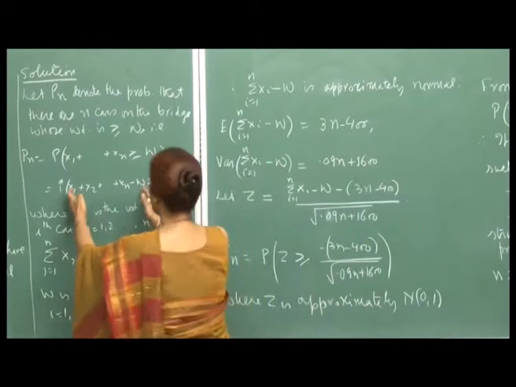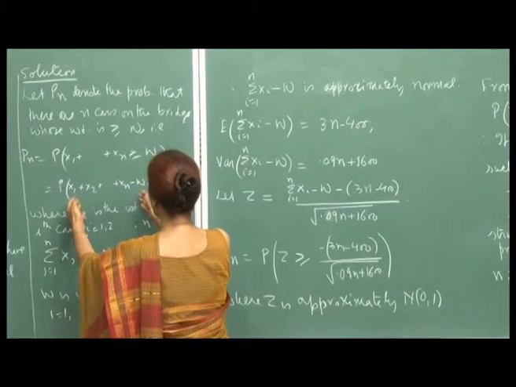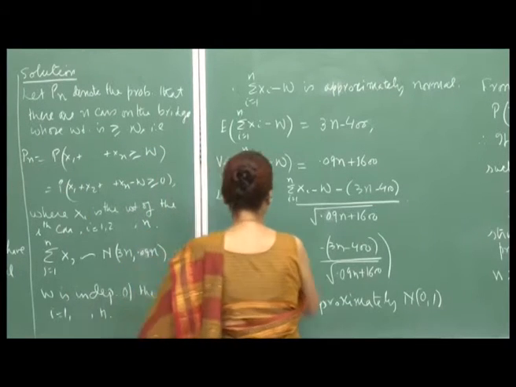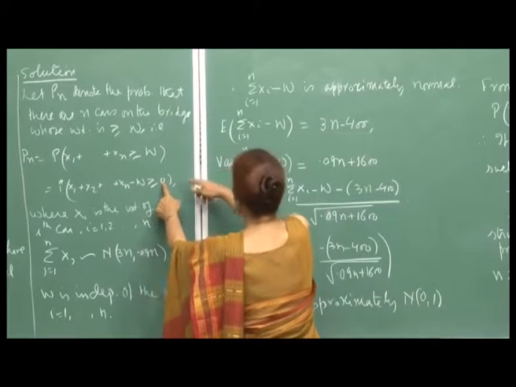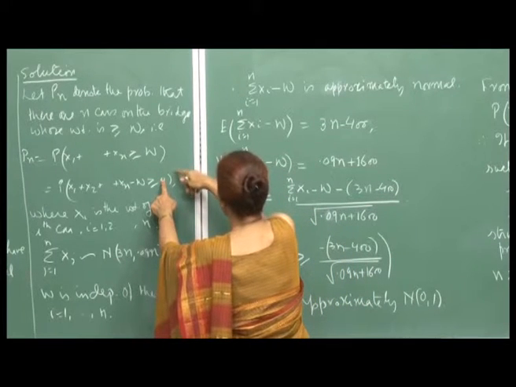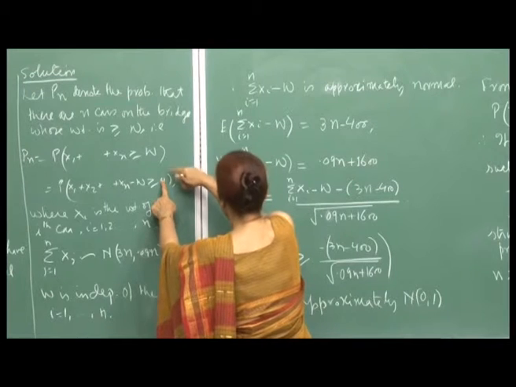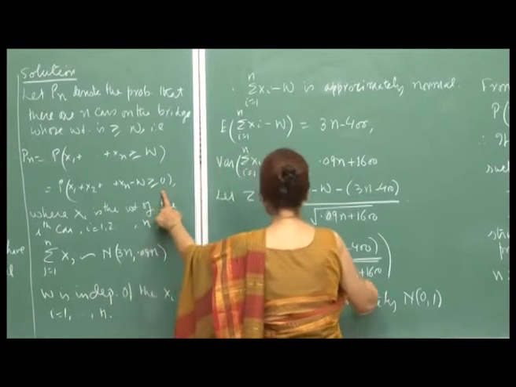So, when I standardize this, this probability can now be written as probability z greater than or equal to minus of 3 n minus 400, divided by the standard deviation.